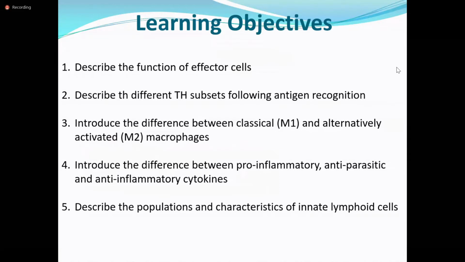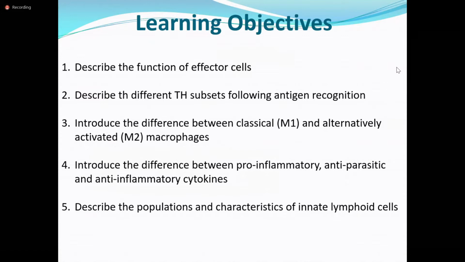And then following up from the last lecture we had on cytokines, to talk about how different groups of cytokines are associated with these particular T cell subsets to respond to these different types of pathogens.